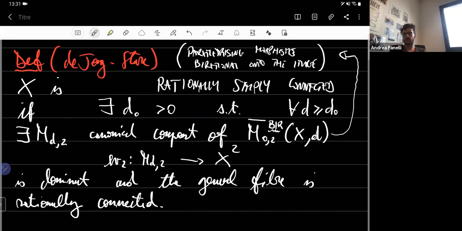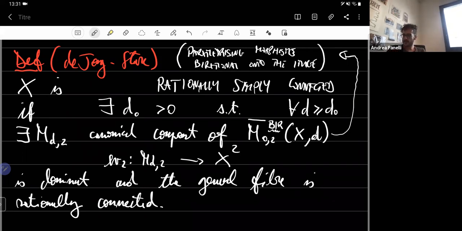You take X and you say for D degree sufficiently large, there exists some canonical irreducible component of the moduli space, parameterizing morphisms which are birational to their image, such that if you look at the general fiber of the evaluation map, you get rationally connected. This is already kind of technical.